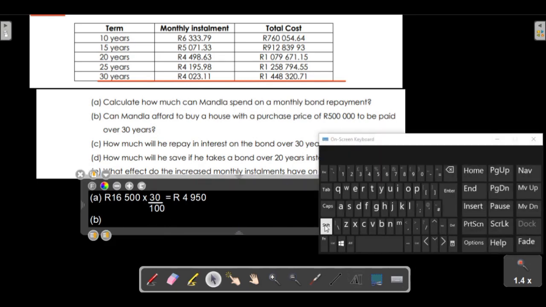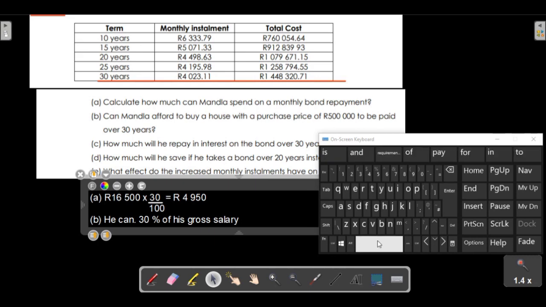Remember to give a reason why he can. We can say that 30% of his gross salary is above this monthly installment. So that means that he can pay.